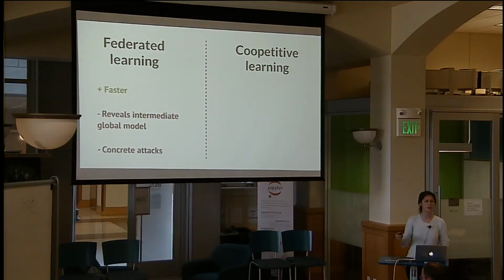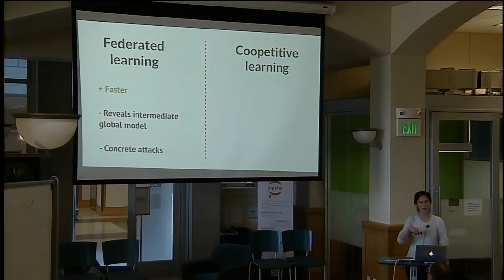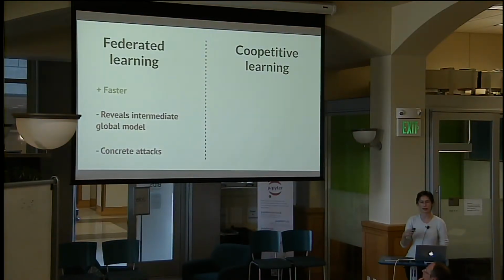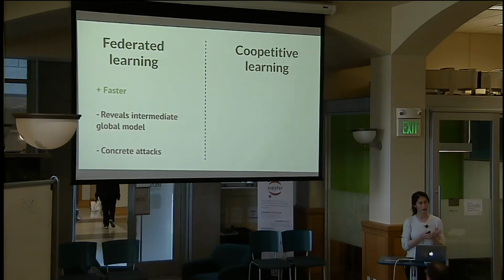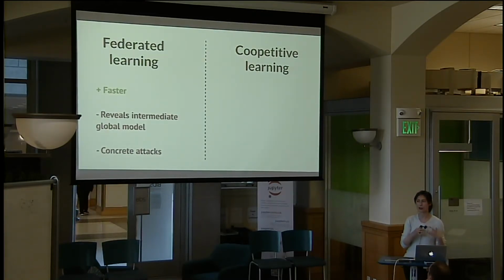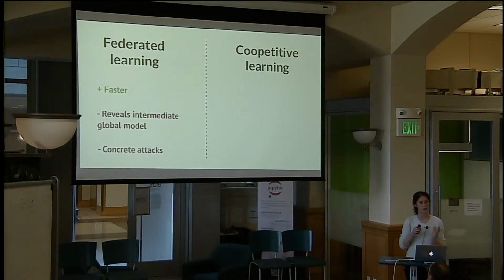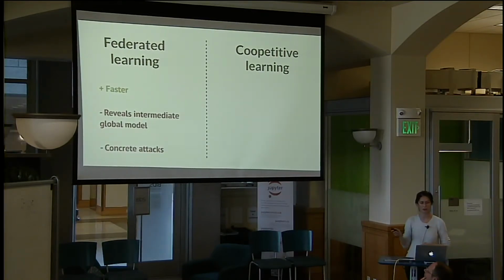We have seen some concrete attacks as recent as the IEEE S&P, where I presented my work recently. Because you can see the intermediate global model, if an attacker compromises one of the parties, the attacker can try to train something different and bias the model to learn about another party's private training data.